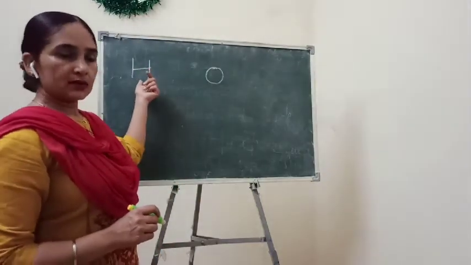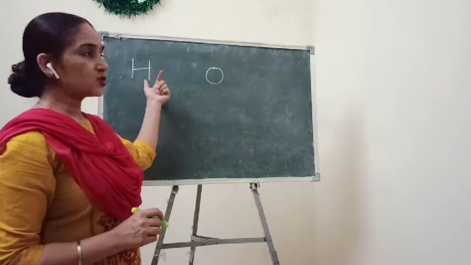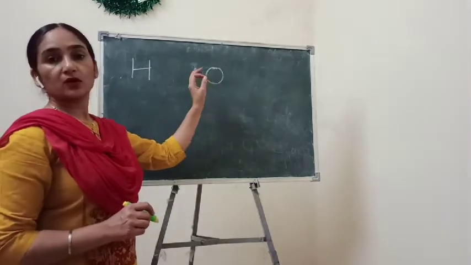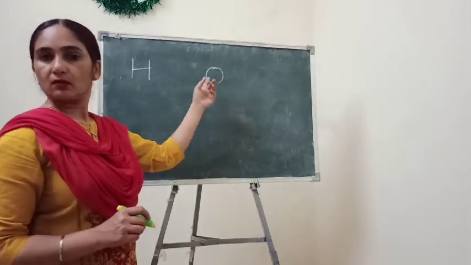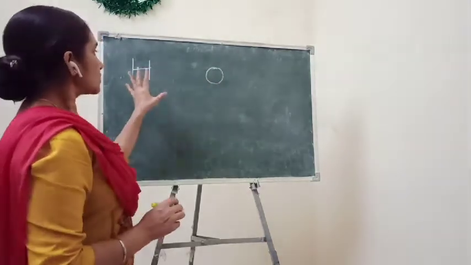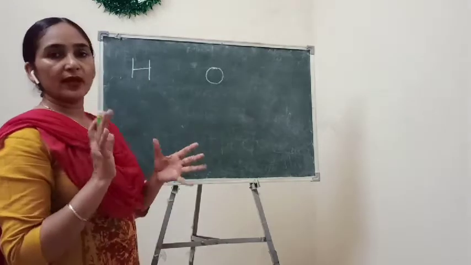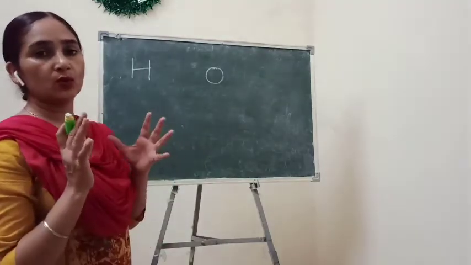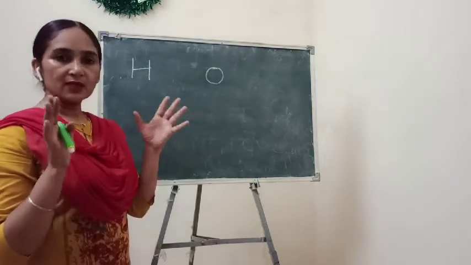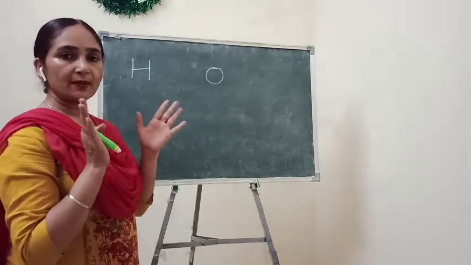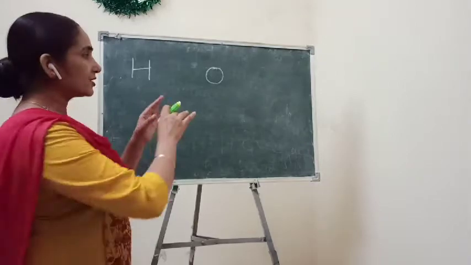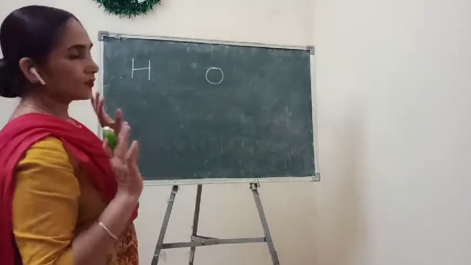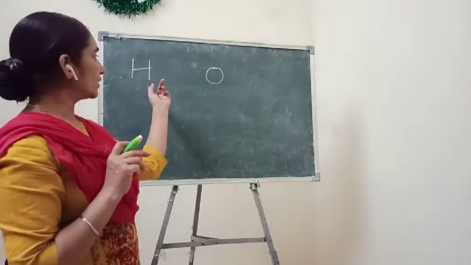The symbol of hydrogen is capital H, and the symbol of oxygen is capital O. So first of all, when we write the formula of any compound, we should know how many elements are present in it. Make those elements separate, just like I have made separate. Water is a combination of these two elements.